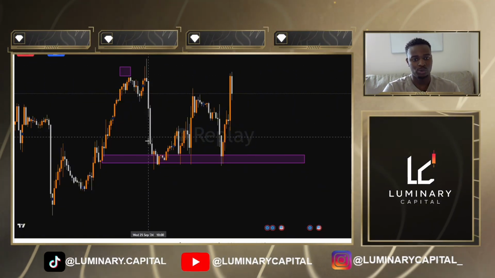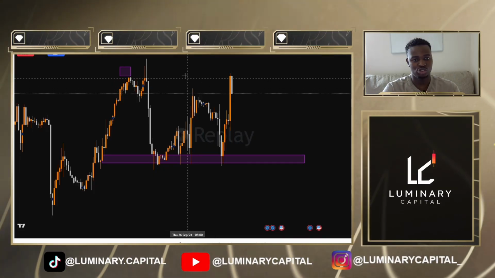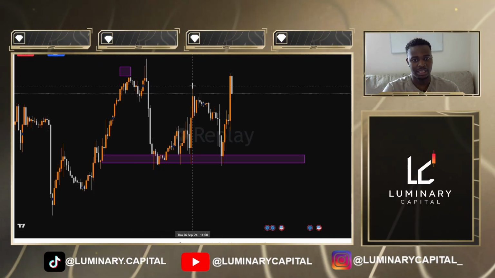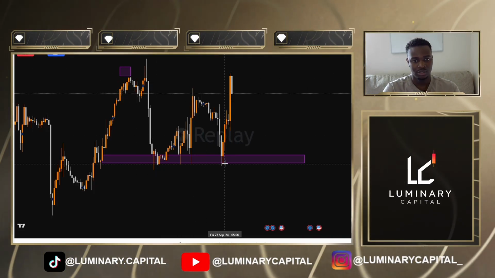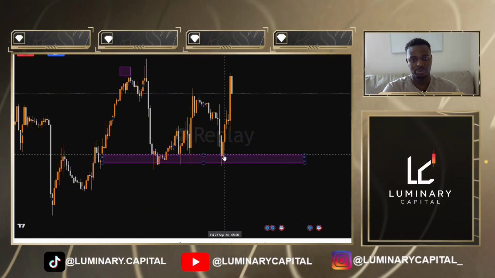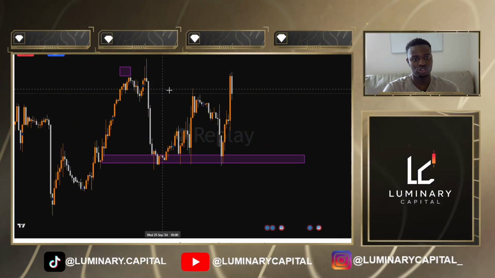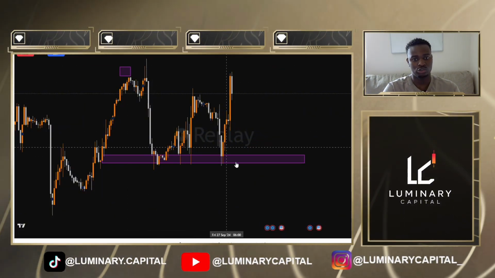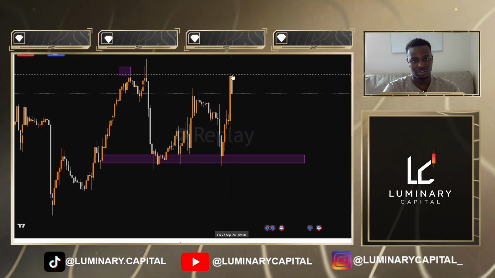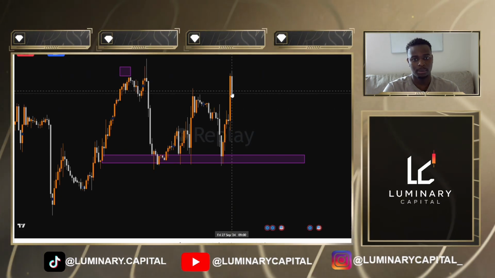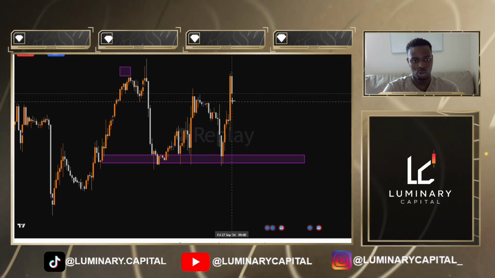See, market dropped right here. It came back up to this general area, and it dropped again. So that's two drops. Once it got to this general area, the market price dropped. Once it got back to this price point again, the market price dropped back below again.